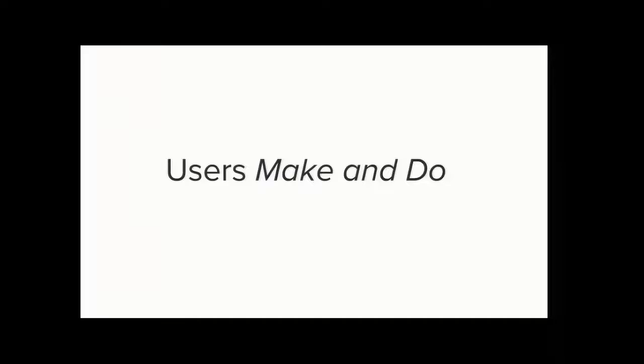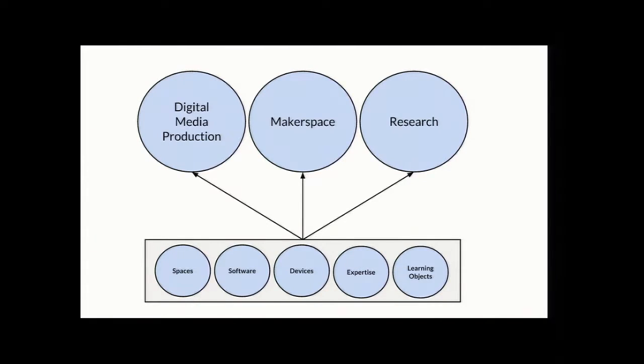So our users make things and do things. Librarians provide things that help them do and make. And so what we want to do is to start thinking in terms of the products that our users need to deliver in their own lives, and think of our services as those things that help them generate those products.